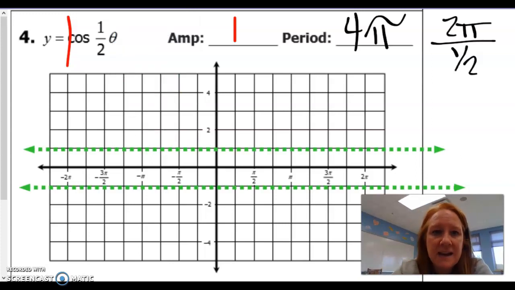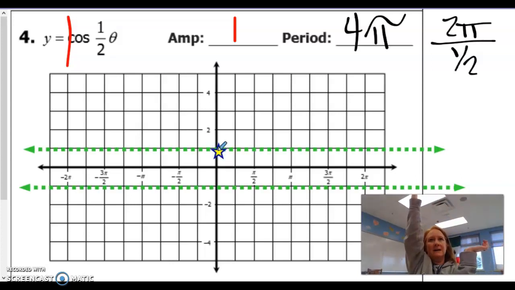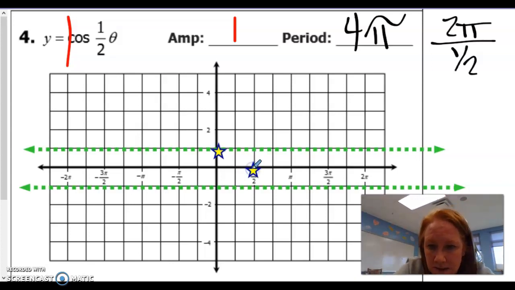Okay, so cosine does not start at 0. Cosine starts at the 1. So cosine starts high, and then when it gets to the top, the cosine value is 0. And it goes down and up. Oh man, yeah, can't do that.